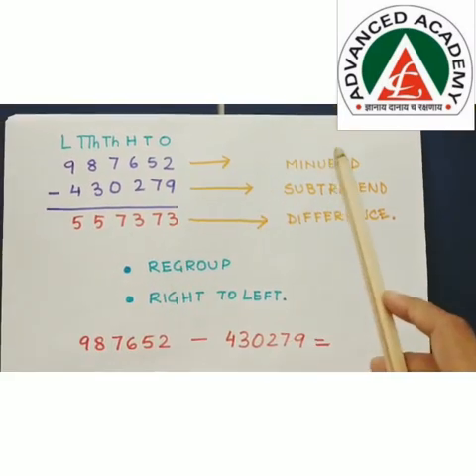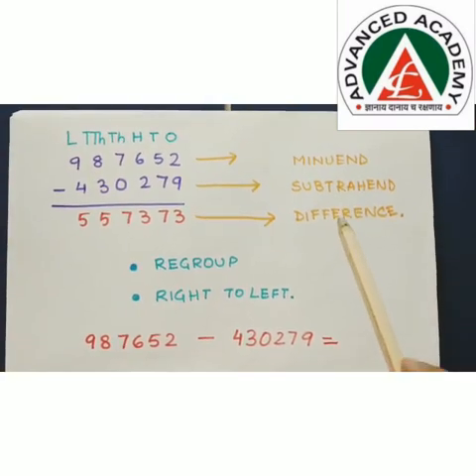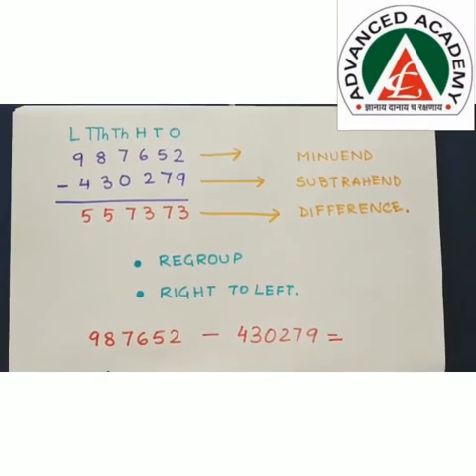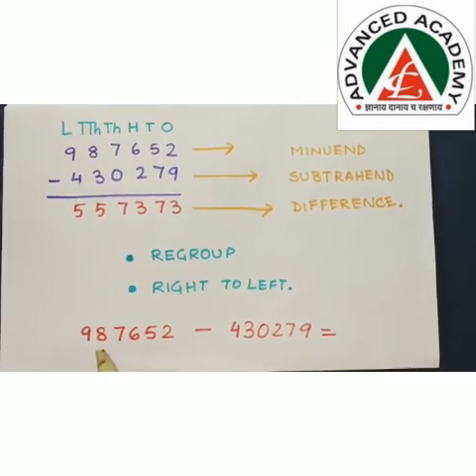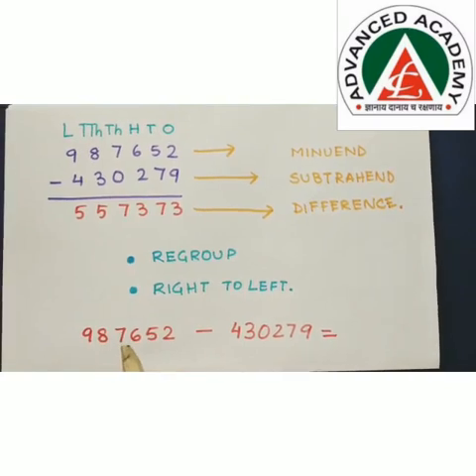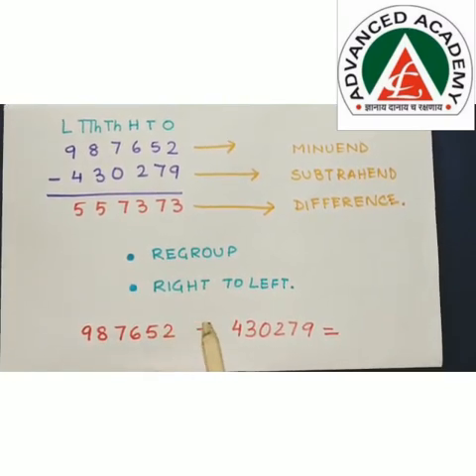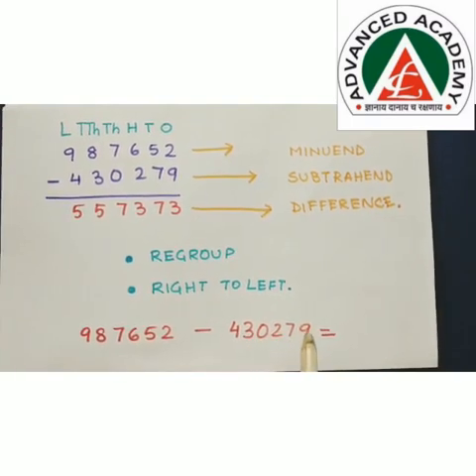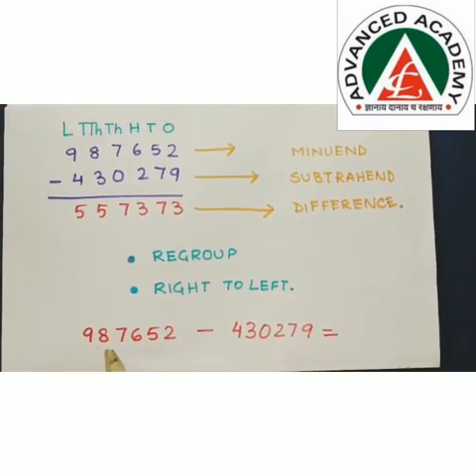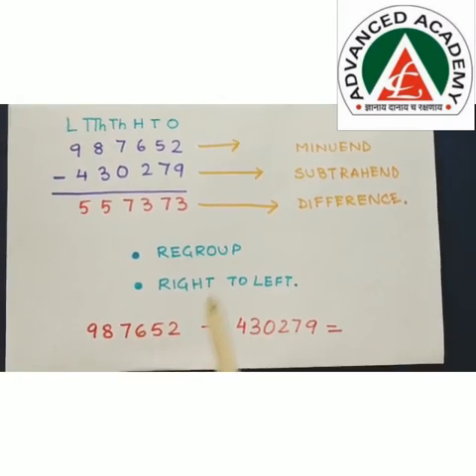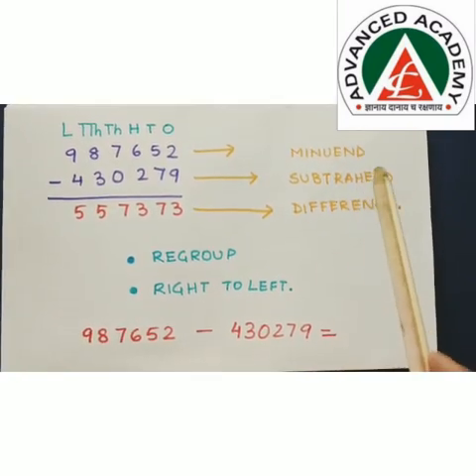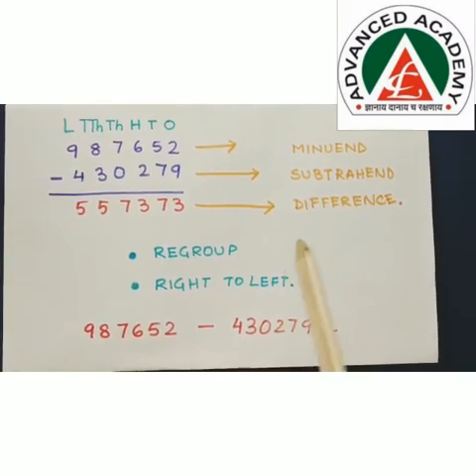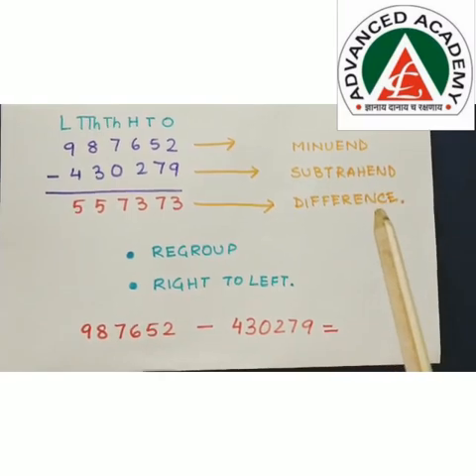After knowing the different terms in subtraction, let's see how we subtract the number. Now we can see that we have got a number 9,87,652 minus 4,30,279. The bigger number, or we say minuend, and the smaller number which is supposed to get subtracted, is subtrahend.